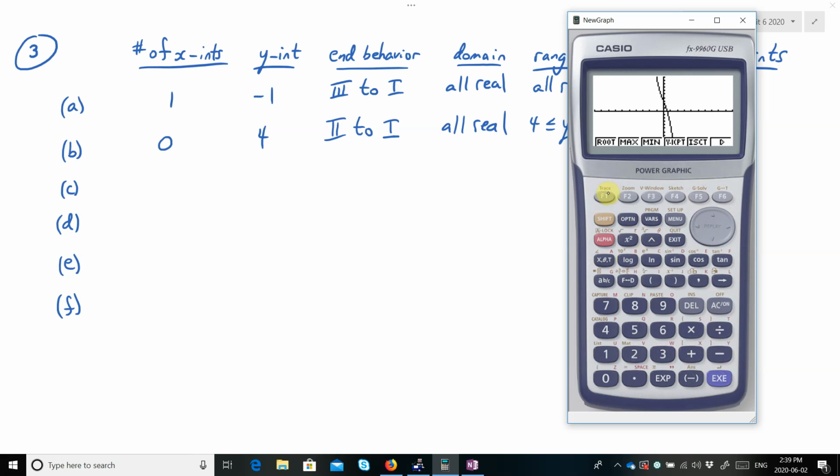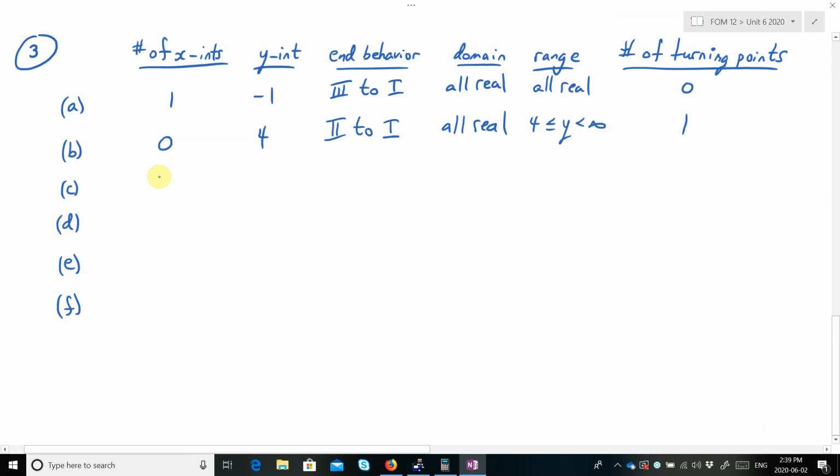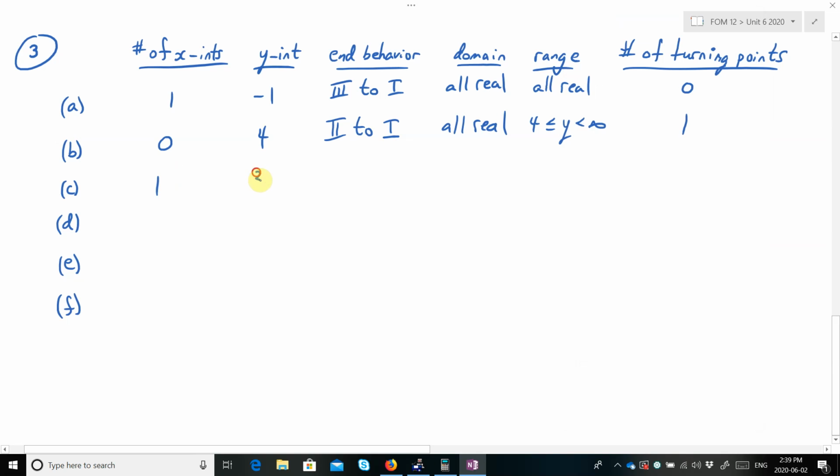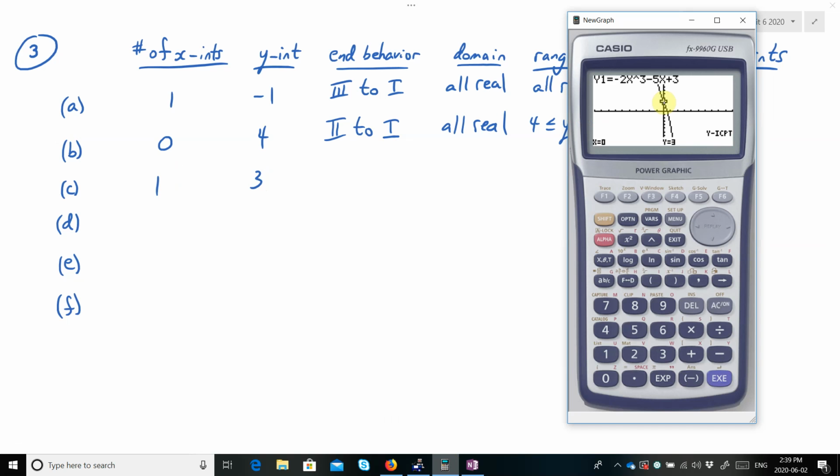And I will go gsolve, find the root. There is 1 x-intercept. And let's go gsolve, and then F4 for the y-intercept. The y-intercept is 3. The graph, as we go from left to right, it's up here in quadrant 2. Remember how the quadrants go 1, 2, 3, 4? So it's going from 2 to 4.